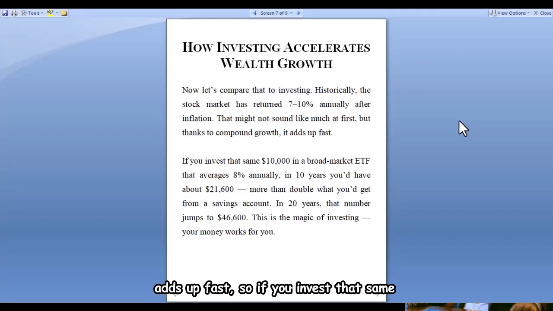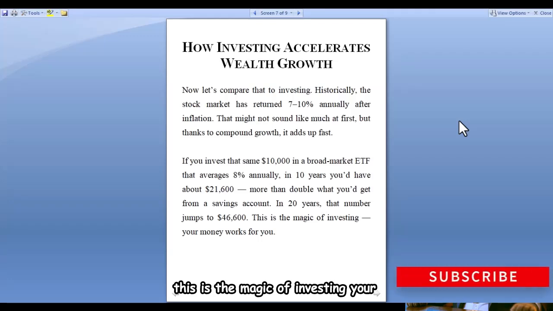If you invest that same $10,000 in broad market ETFs that average 8% annually, in 10 years you would have about $21,600, more than double what you would get from a savings account. In 20 years, that number jumps to $46,600. So this is the magic of investing.